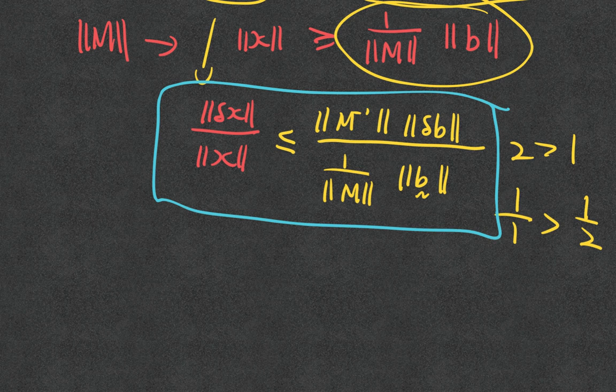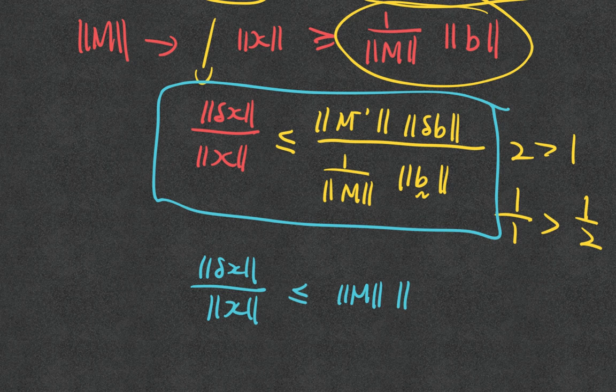Why would I say that? Because now I can write the ratio between the perturbations of the solutions divided by the solution itself is always bounded by the norm of the operator times the norm of the inverse operator times the perturbations in the right hand side divided by the right hand side vector.